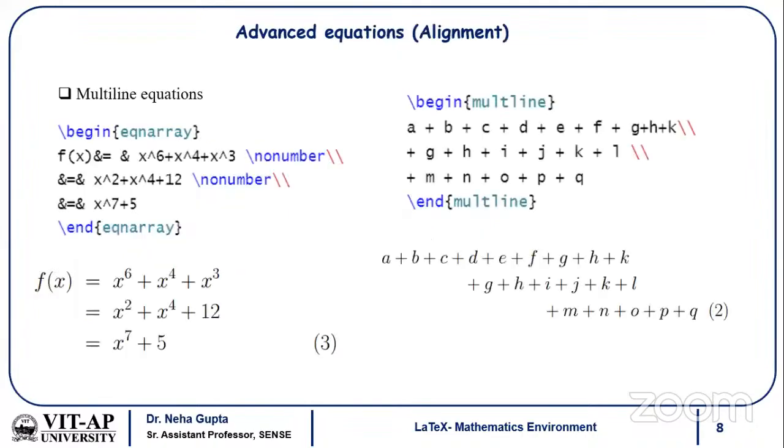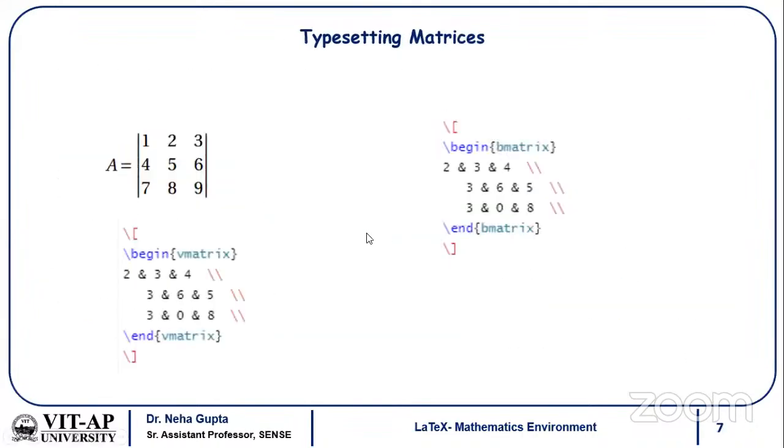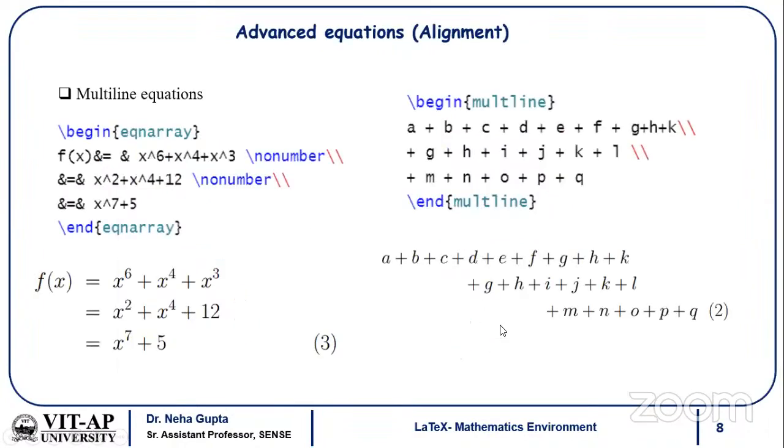So till now we have seen in advanced equations the matrix representation in vertical lines and in square brackets. Then in multi-line equations, three ways I have shown you. With the help of the equation array, here automatically you'll get the alignment. Or, in the case where you want to represent a single expression in multiple lines, if it is big, then you can use the double slash and the multline environment.